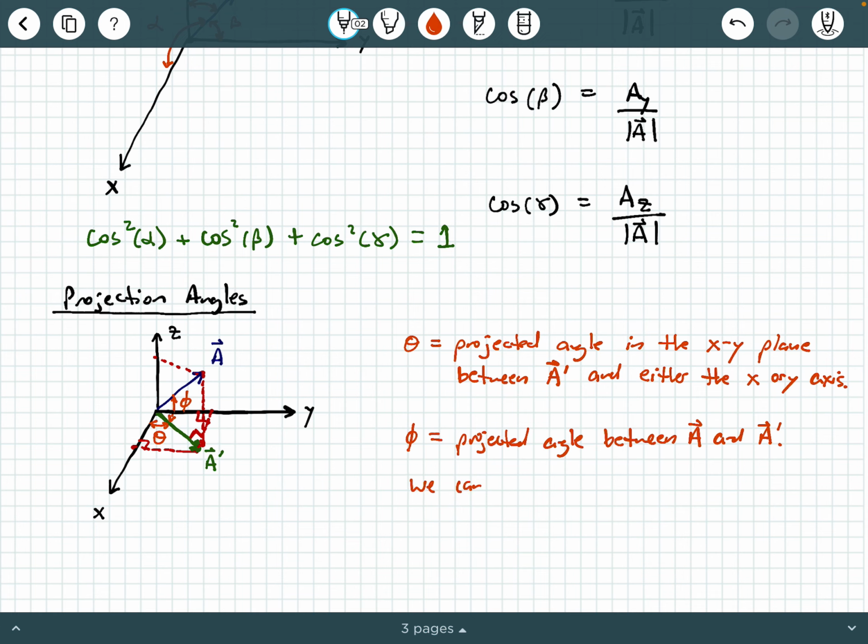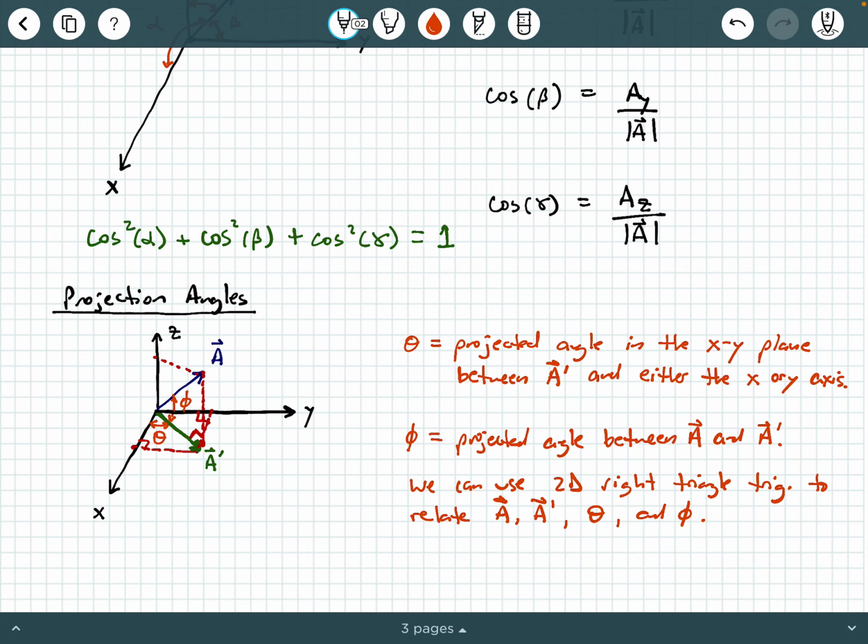We can use 2D right triangle trig to relate A, A prime, theta, and phi. Okay? That's what we can do here.